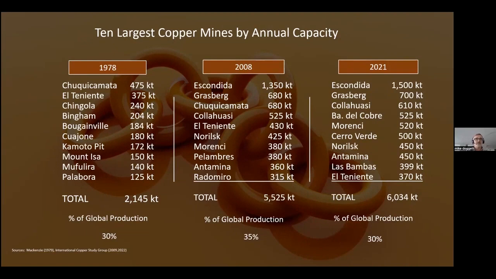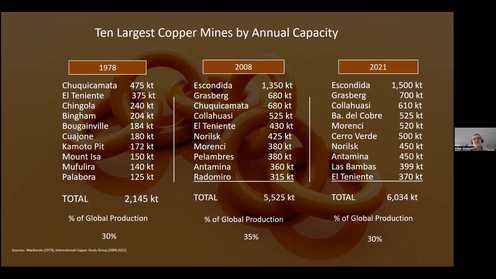And in 1978, that represented just a little bit below a third, or about 30%, of the total copper output for that year. If we move now to 2008, a 30-year jump, you'll see a few things. First, the largest mines in 2008 are much larger. Escondida is almost 3 times as large as Chuquicamata was in 1978.